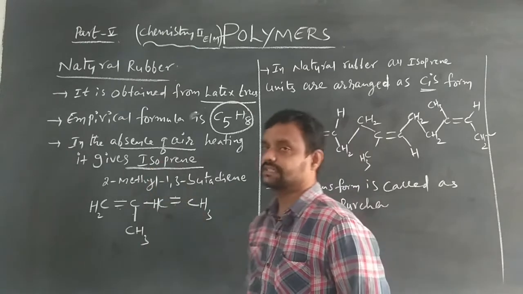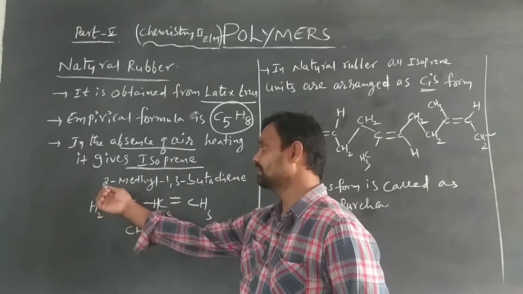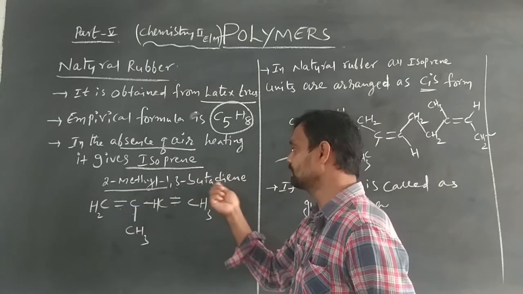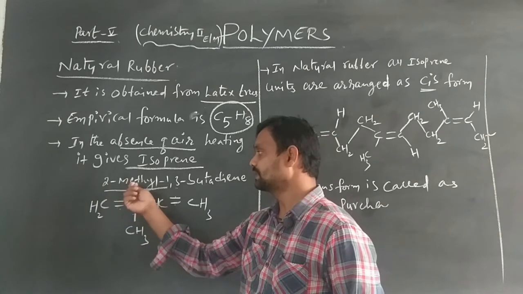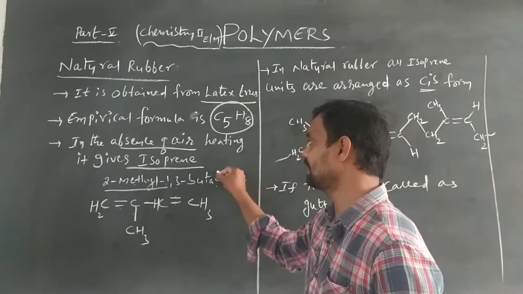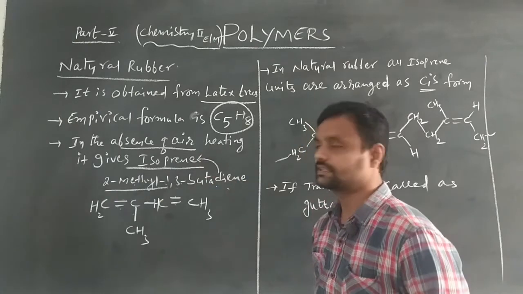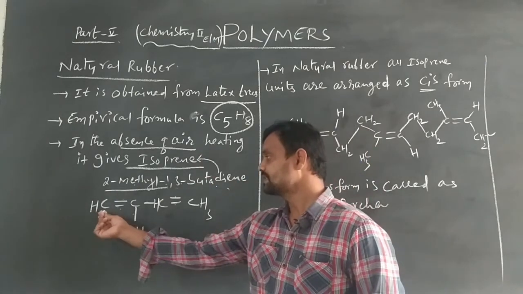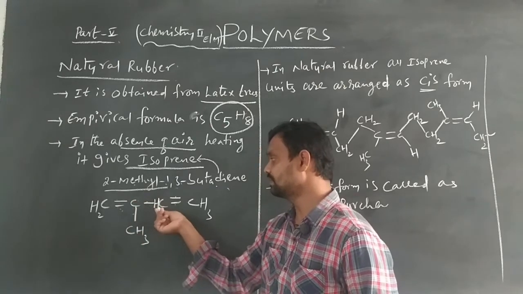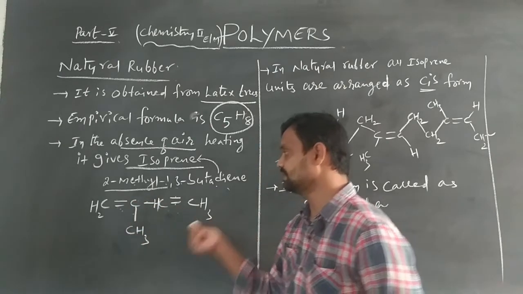The chemical name of isoprene is 2-methyl-1,3-butadiene. Its chemical structure is CH2=C(CH3)-CH=CH2.